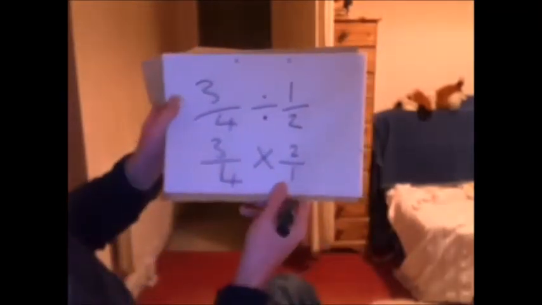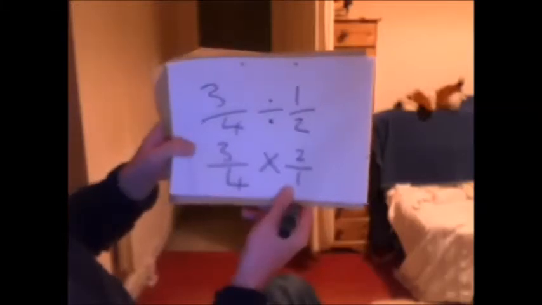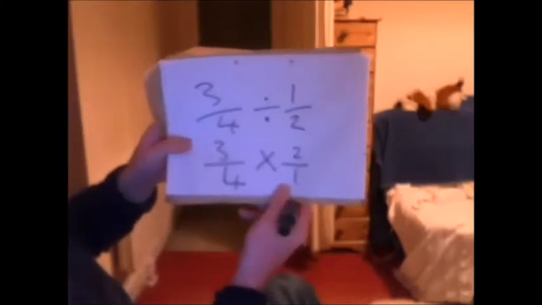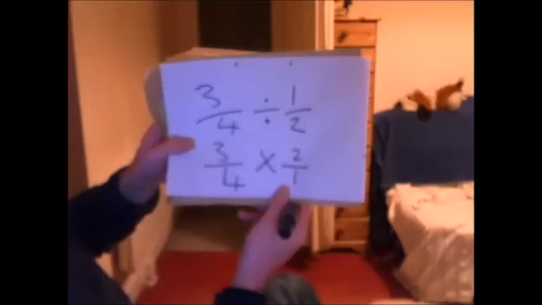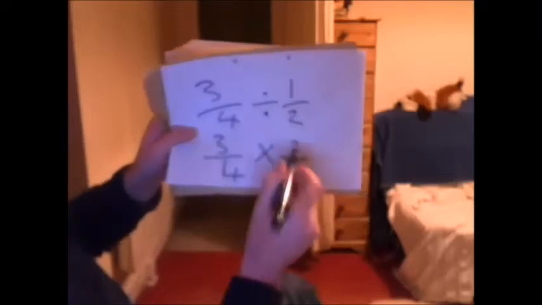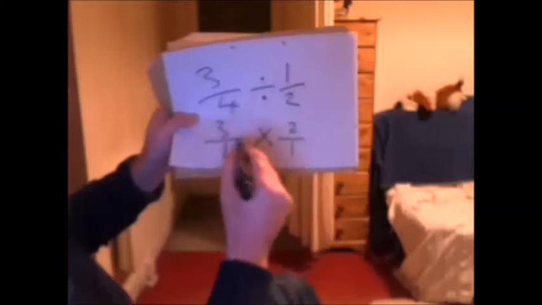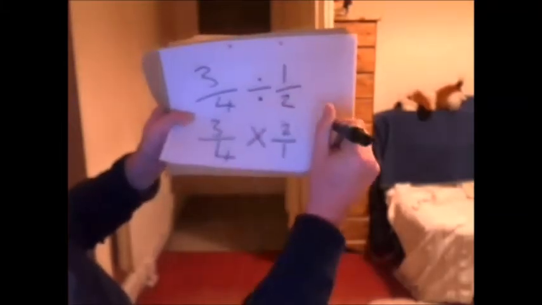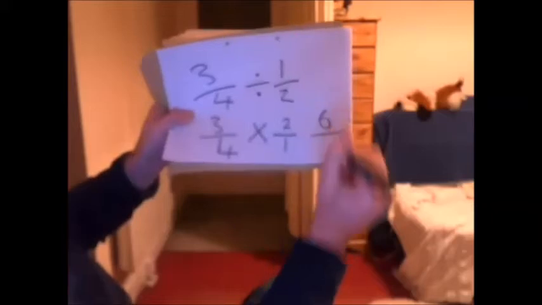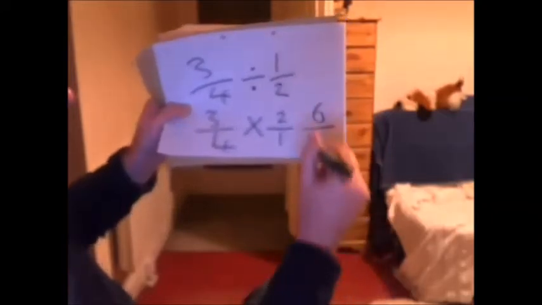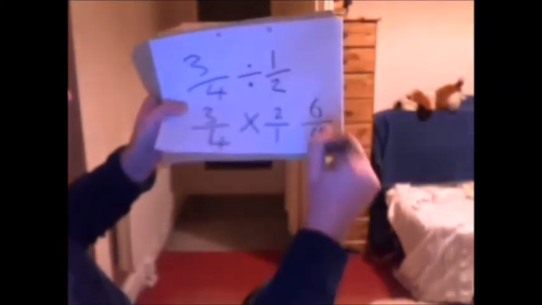Because 3/4 divided by 1/2 is exactly the same as 3/4 times 2/1 or times 2. And then 3 times 2 is 6. 4 times 1 is 4.